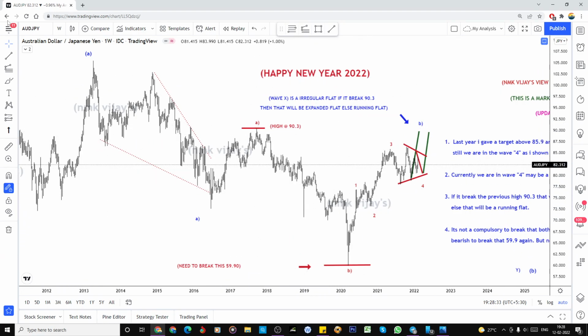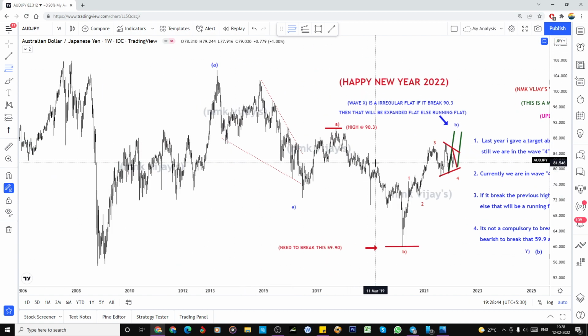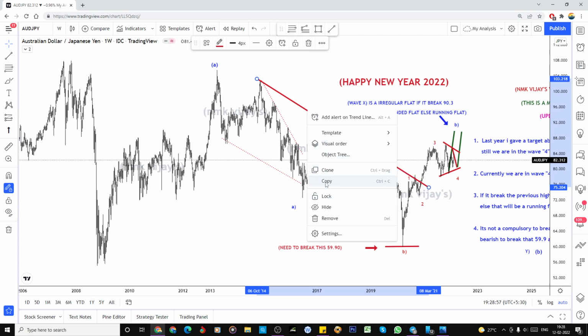In all those Australian pairs and New Zealand pairs, it did that nearly. It's looking like an irregular flat for me. I'm not able to calculate this as the end of that pattern here. I'm not so sure whether this is the end of the correction here.